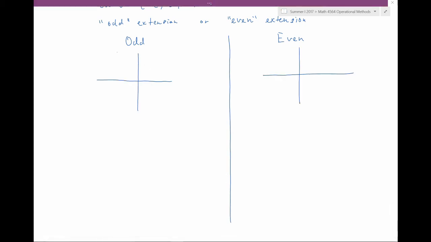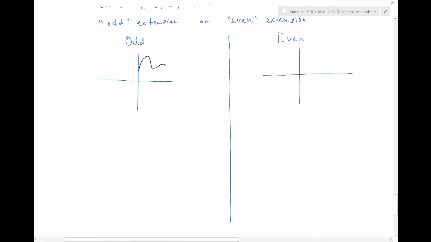What are those? So the odd extension and the even extension are doing two different things. So suppose I have a function that looks a little bit like this. Then the odd extension turns the function around by 180 degrees.